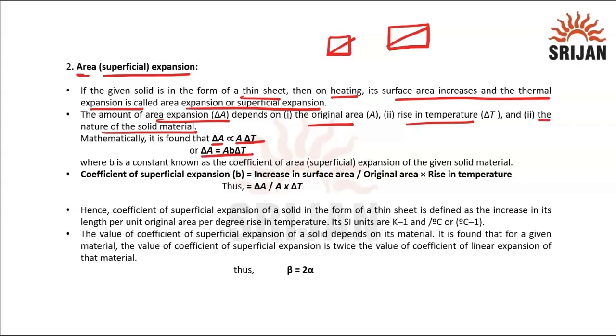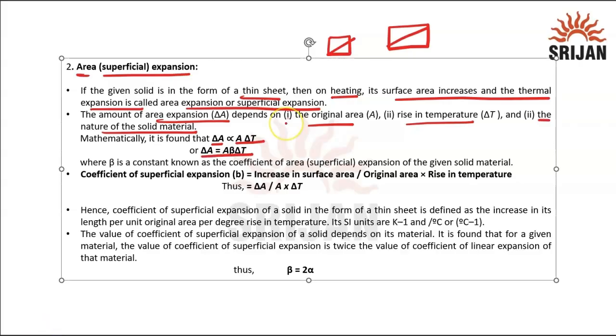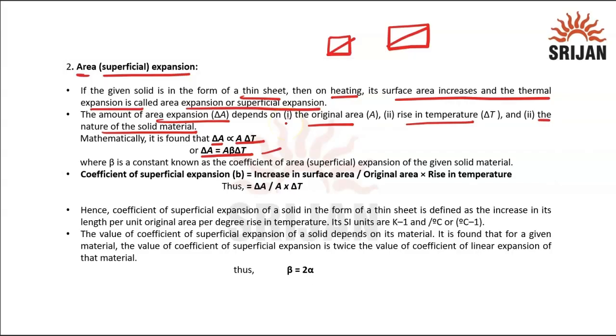You can show the relation like this: delta A, the change in area, equals A times beta times delta T, where beta is the coefficient of superficial expansion or area expansion of the given solid material. It is also the same for a given material.